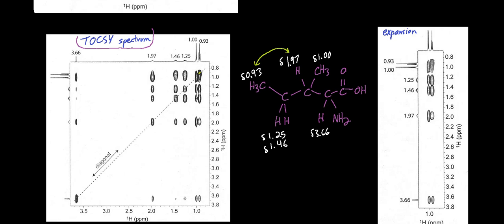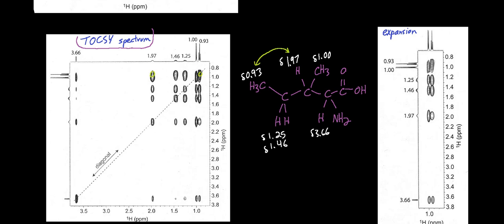Here's the 0.93 on the diagonal, excuse me. And yes, we do see a correlation from it to 1.97. Now I'm going to talk about these signals a little bit more. I have some expansions, but the 0.93, if you go down the other way, it's a little bit better.